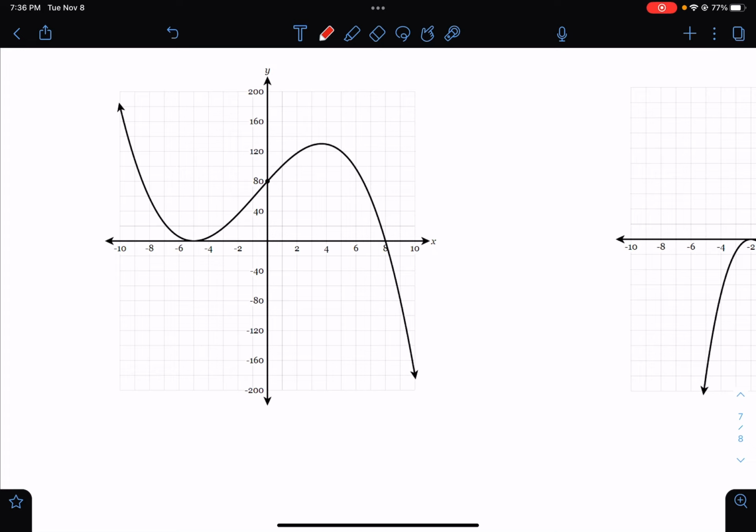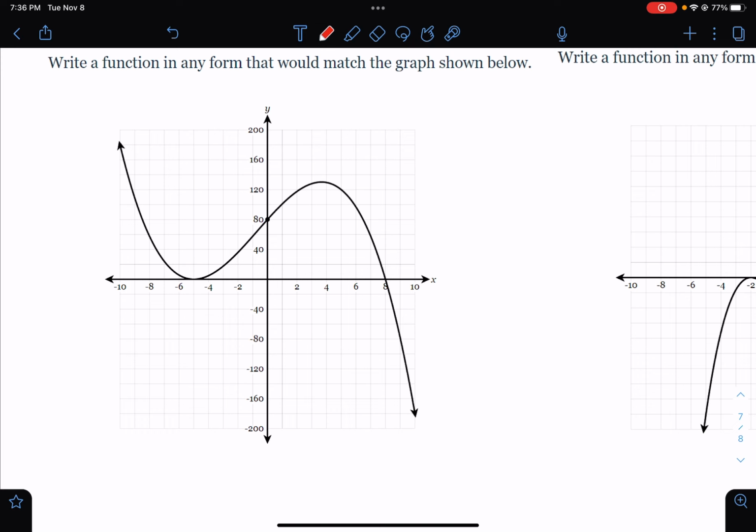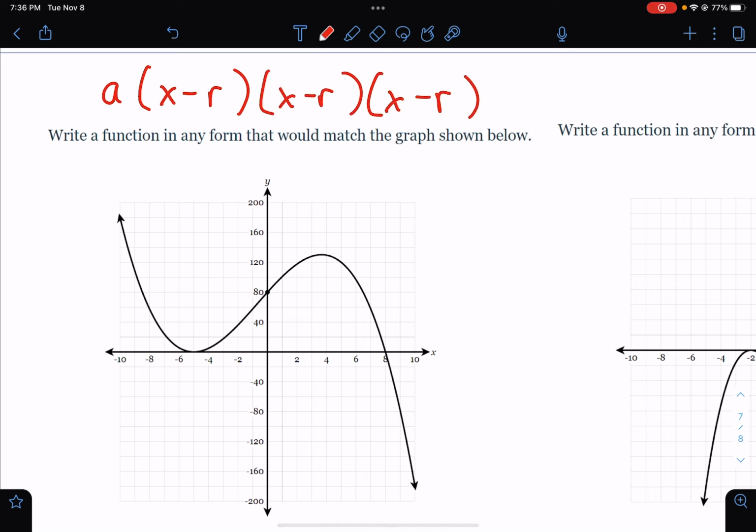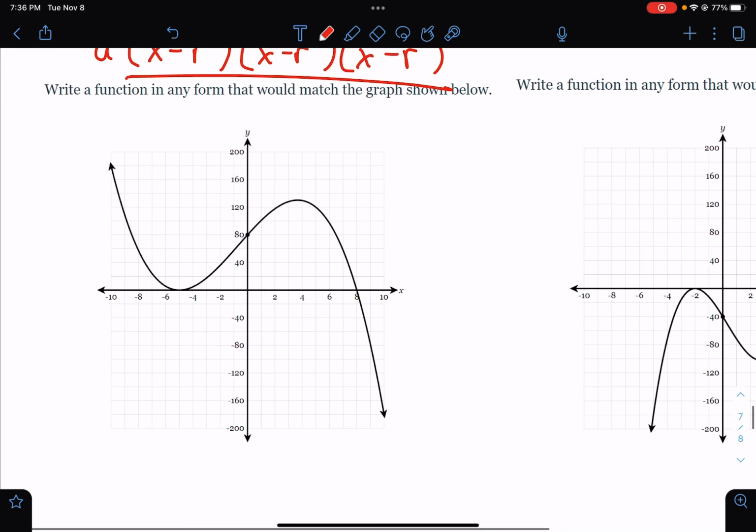In Math 2, there were problems where they gave you the vertex and a point on the quadratic, and you had to go find the a value. Essentially, that's what we're going to do here. It's going to be a, and then, obviously it depends on how many roots we have, we plug in all of our roots here, and then we're going to use the y-intercept to find our a value.